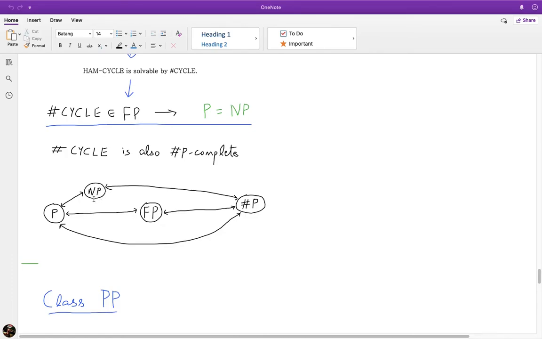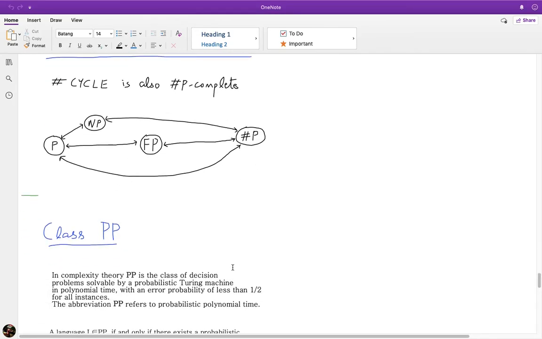We know that the NP complete problem of SAT has a counterpart of #SAT, which is #P complete, and we also know that there is a P problem called cycle which has a counting counterpart called #cycle, which is #P complete. So here we can say there is no direct correlation of #P with any of these classes. So it is really different in that sense.